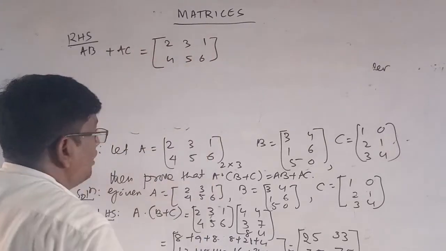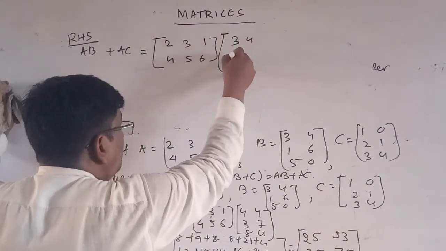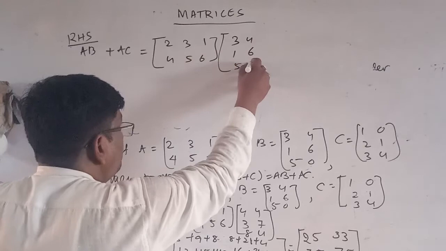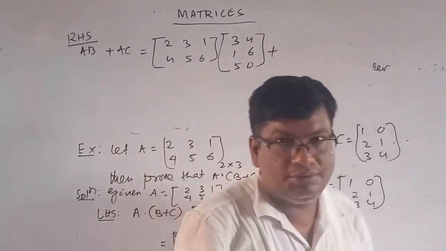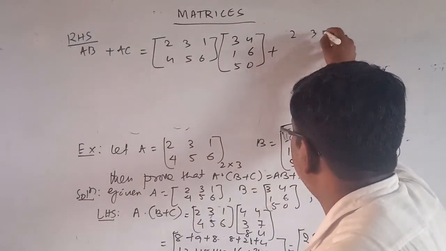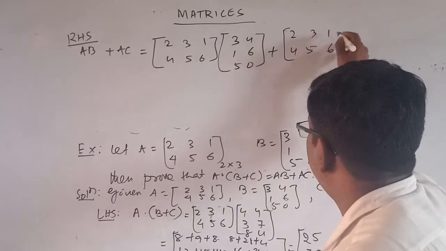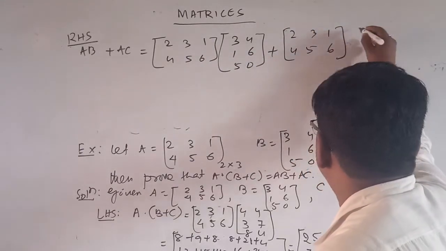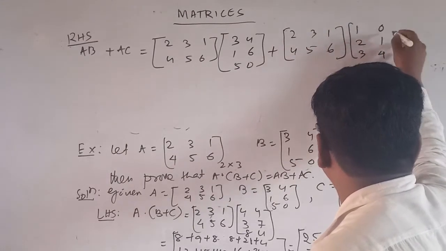AB is 3, 4, 1, 6, 5, 0, plus AC. AC means what? A is 2, 3, 1, 4, 5, 6. And AC is equal to what? 1, 0, 2, 1, 3, 4.